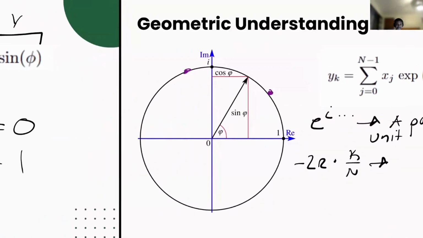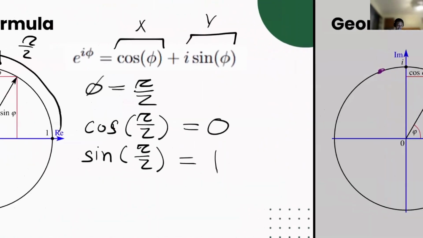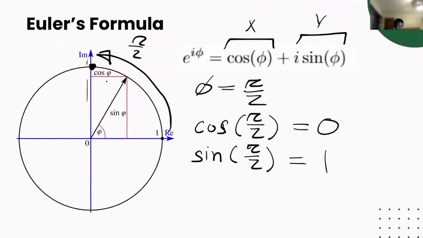Sorry, I'm looking at these questions. Someone asked, can I explain the circle again? So this is the second explanation. We calculated what phi was for pi over 2, and we saw that we ended up a quarter across the circle. We looked at the x component and the y component, and we realized that this y component is multiplied by i, so we have to scale it.